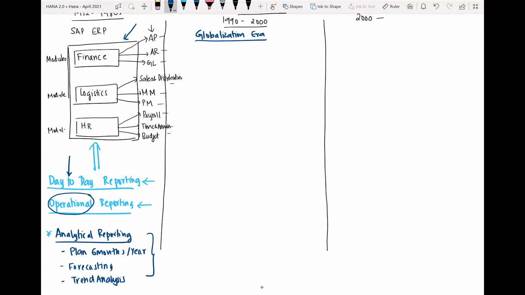So SAP said, I understand SAP ERP has its specific focus. It is helping me with operational reporting, but for me to compete in this new globalization market, what additional software can I start bringing to complement my current operational reporting system, which is the ERP system?